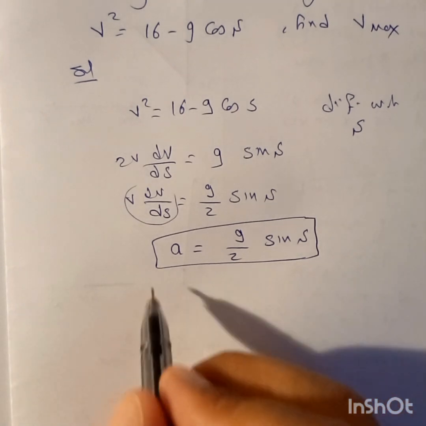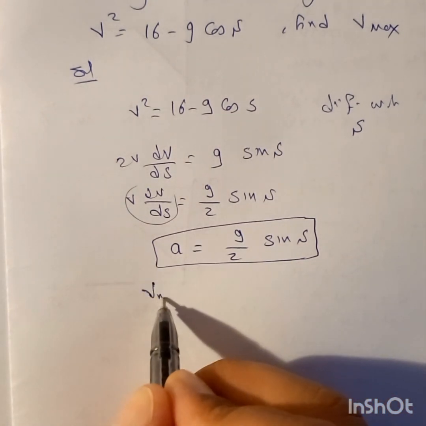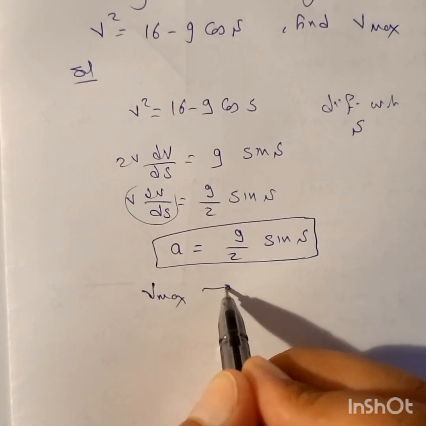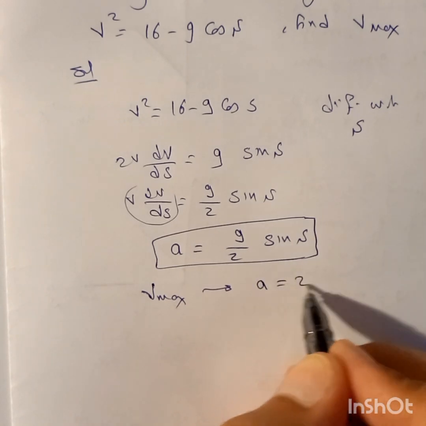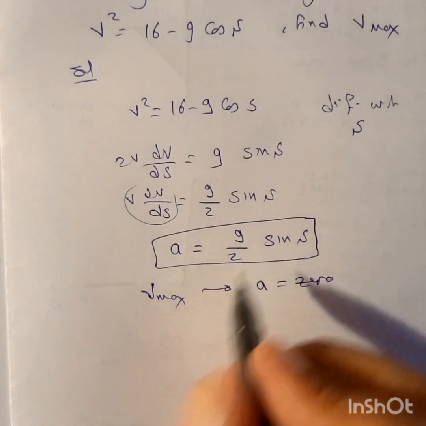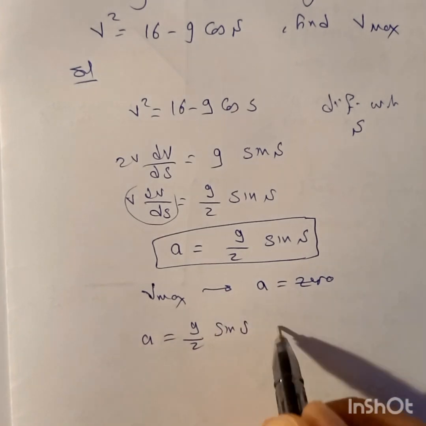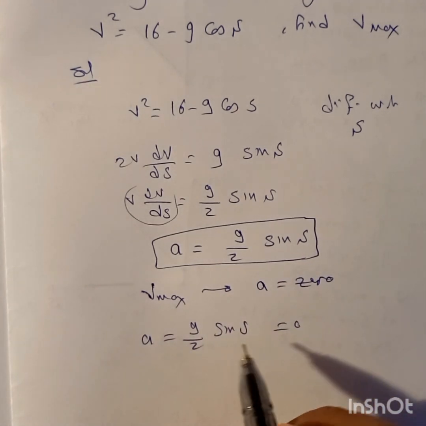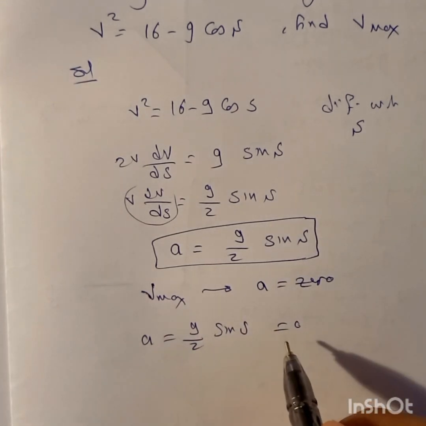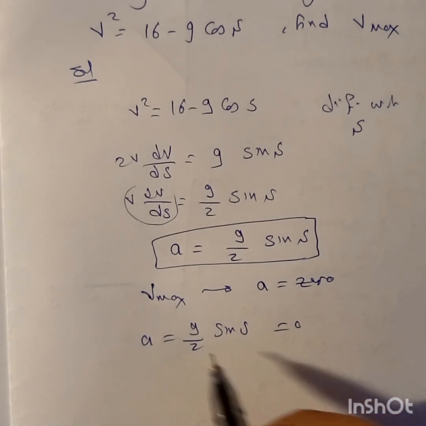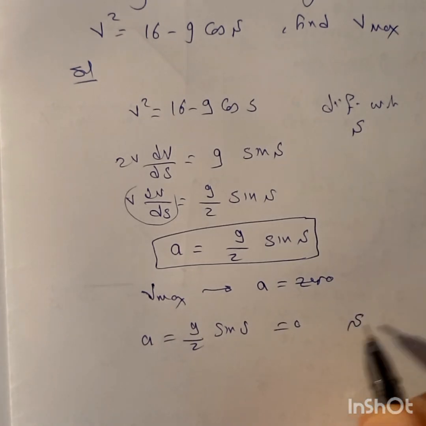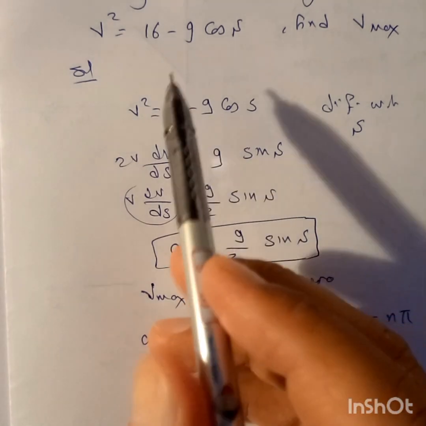It's required to find v max. v max can be obtained when acceleration equals 0. Then acceleration equals 9/2 sine s equals 0. Then we can find s equals n pi. Now we can substitute in the equation of velocity.